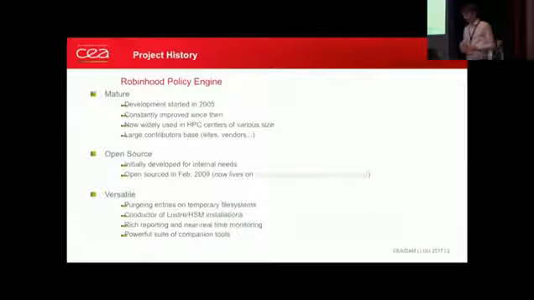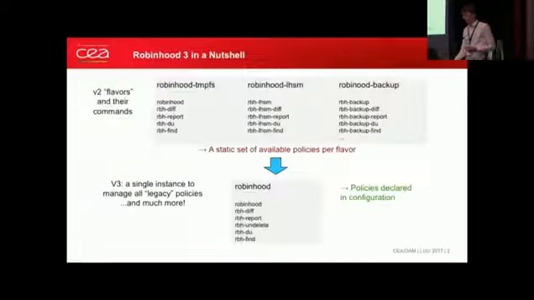From the very beginning, it was able to do many things for us. So managing temporary file systems, driving HSM installations, reporting information about the file system, and providing administrators with handy companion tools, which I will describe later. So here are those tools. For those of you who use version 2, you probably know the ones that are on top of the slides.